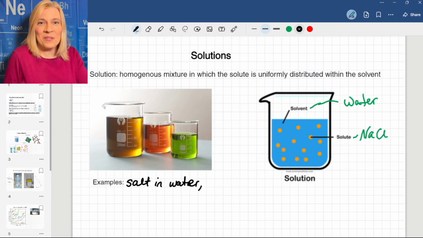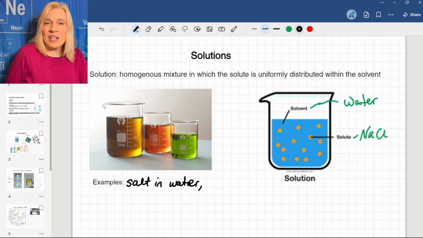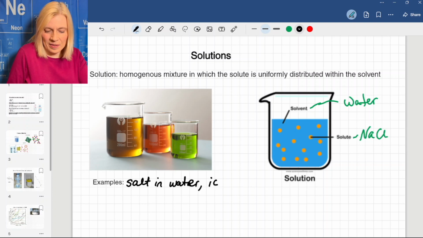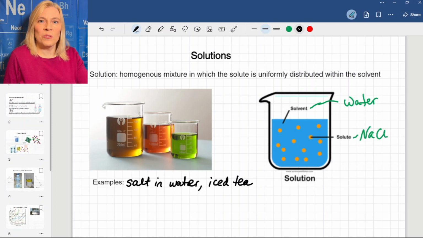Maybe you live next to an Atlantic Ocean, Pacific Ocean, Indian Ocean. There you go. A lot of people live near the coast. Another example of a solution is iced tea. You have tea molecules, sugar, also swimming nicely distributed between water molecules.